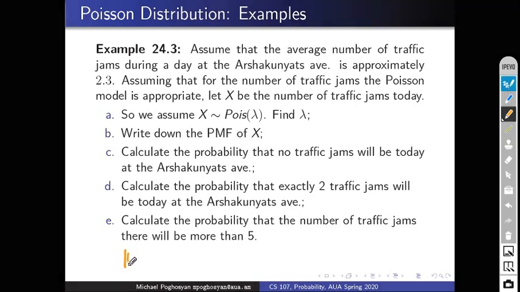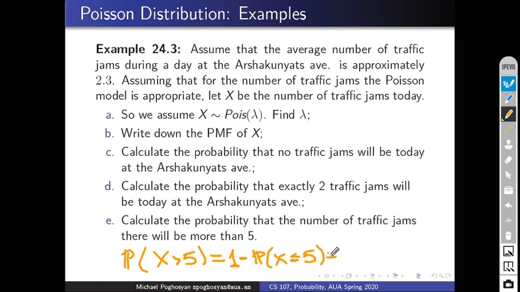The probability that x, the number of traffic jams, is larger than 5 is equal to, well, either I need to write the sum of probabilities for x equal to 6, 7, 8, 9 up to plus infinity, or I can use the formula for the complement of an event and write this probability as 1 minus the probability that x is less or equal than 5.